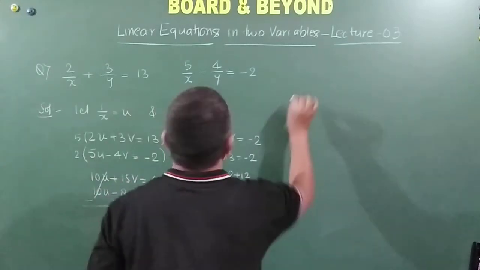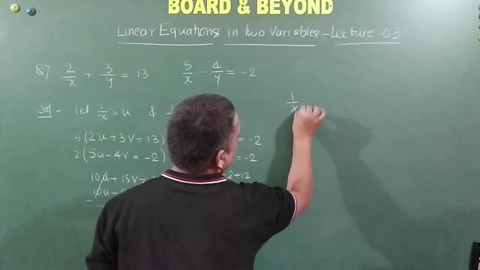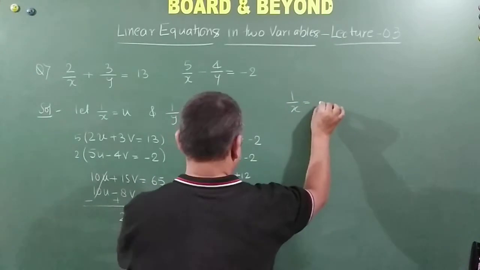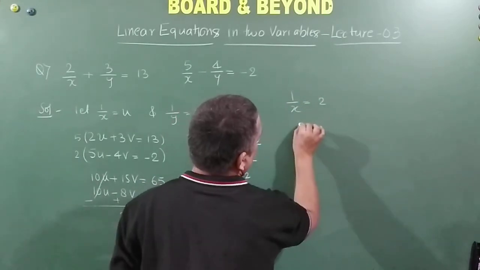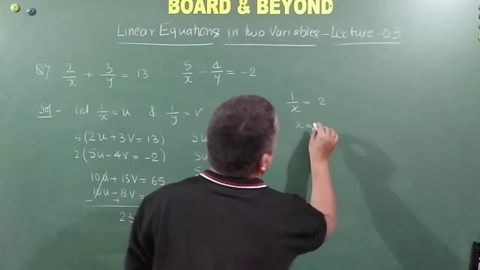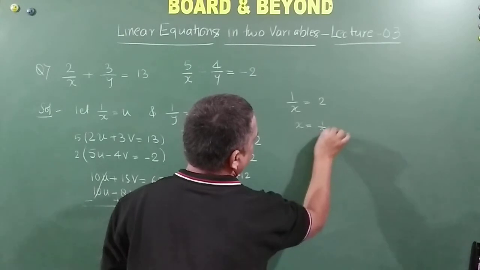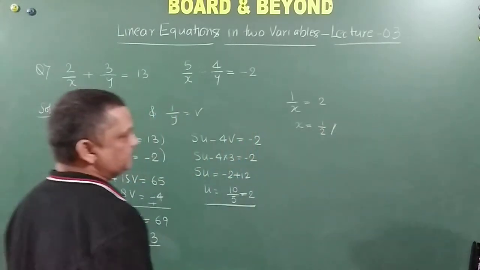So what did I assume u to be? 1 by x. So 1 by x is equal to 2. So this tells that 2x is equal to 1, so x is equal to half. Right? You are getting my point?